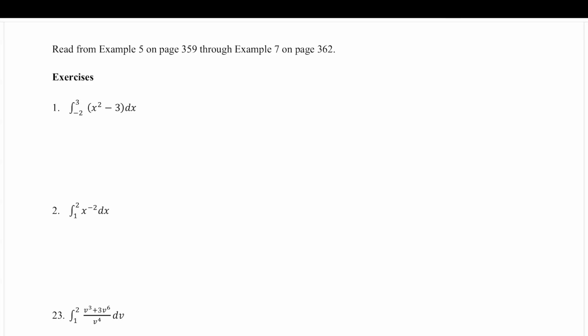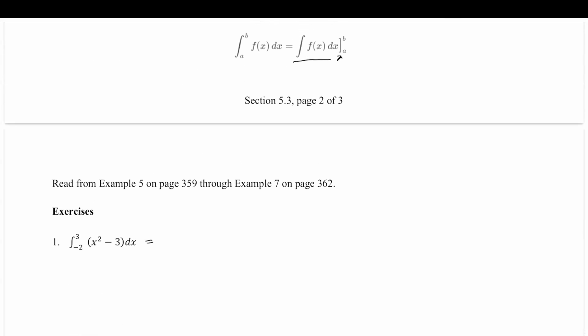All right, so let's do some examples. And here's again some more reading for you to do, starting with example 5 on page 359 and example 7 on page 362. But okay, so we want to integrate x squared minus 3 from -2 to 3.